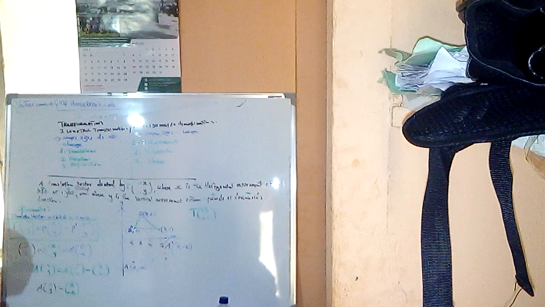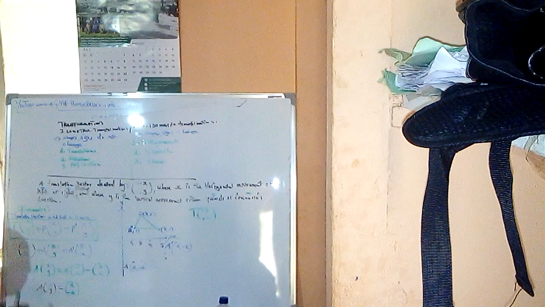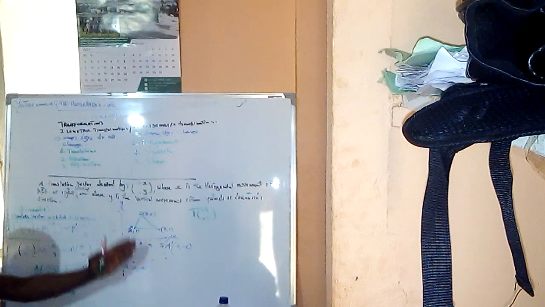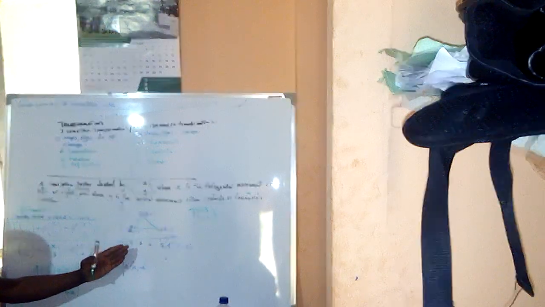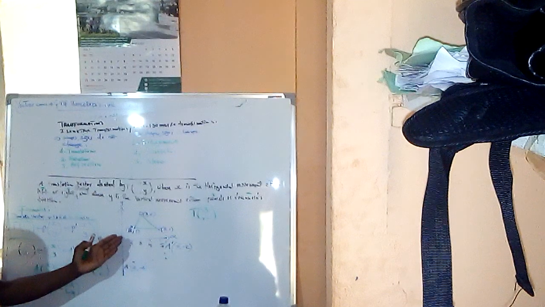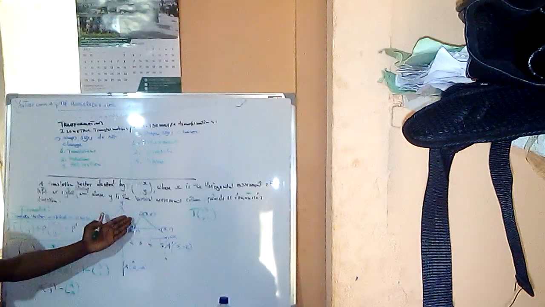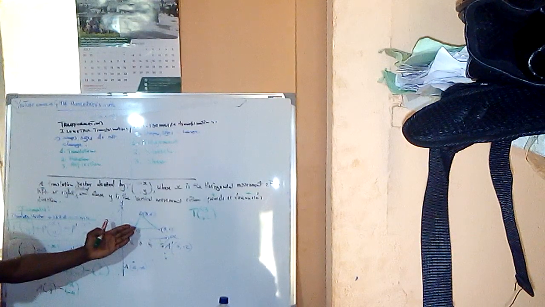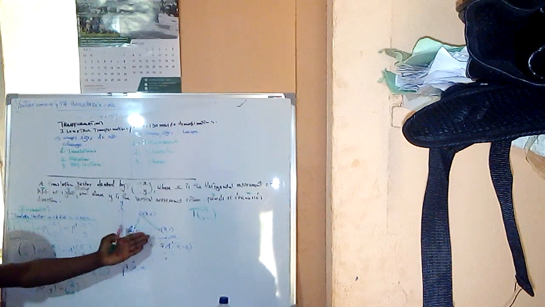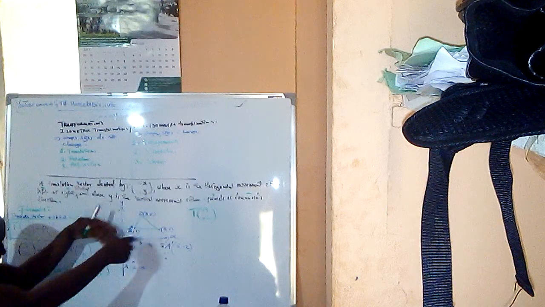So we know triangle BDC has vertices B, which is 2, negative 1, D, which is 3, 6, and C, which is 5, 1. What will be the image of this?